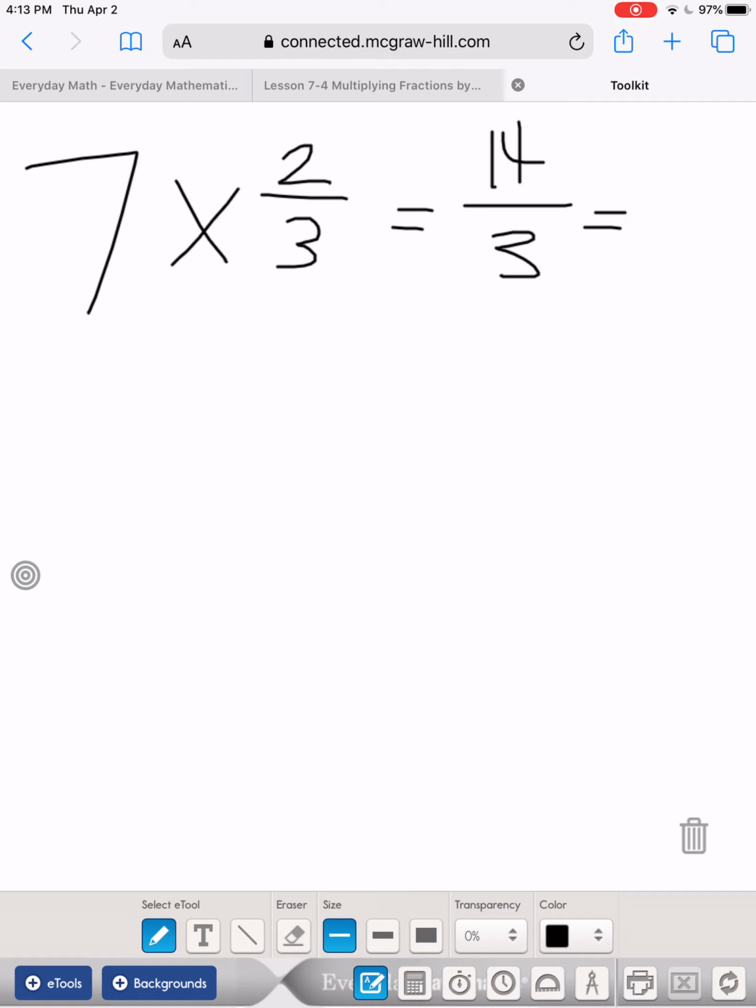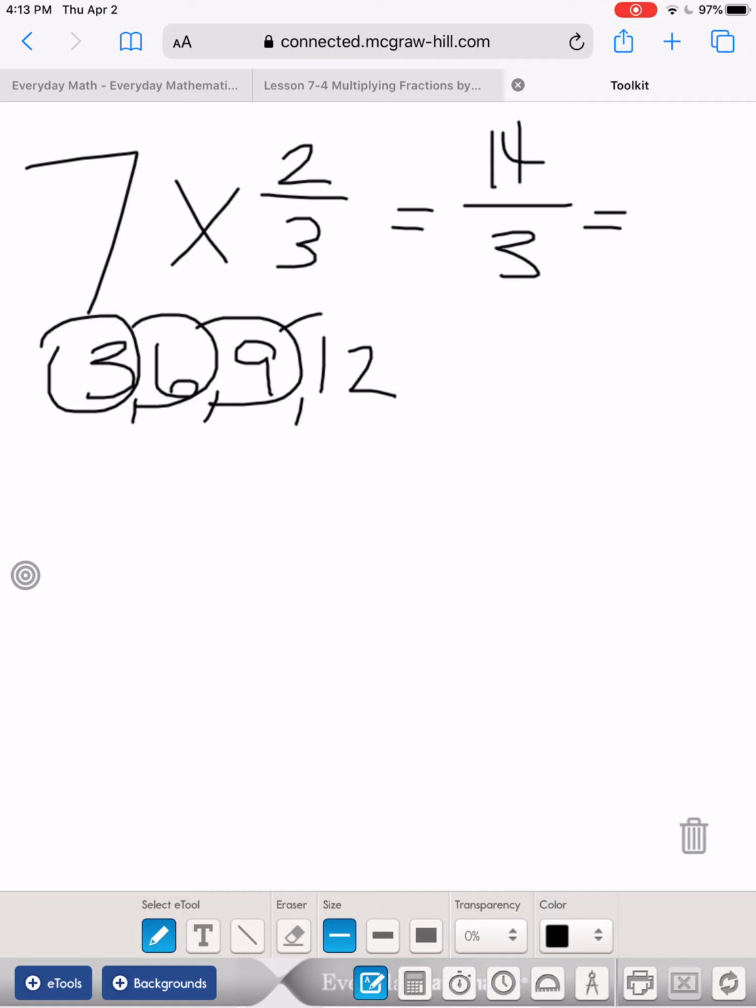So I skip right over 14. But let me write them down. So 3, 6, 9, 12. That's as high as I can go. So this is one group of 3, 2 groups of 3, 3 groups of 3, and 4 groups of 3. So I could do 4 wholes.